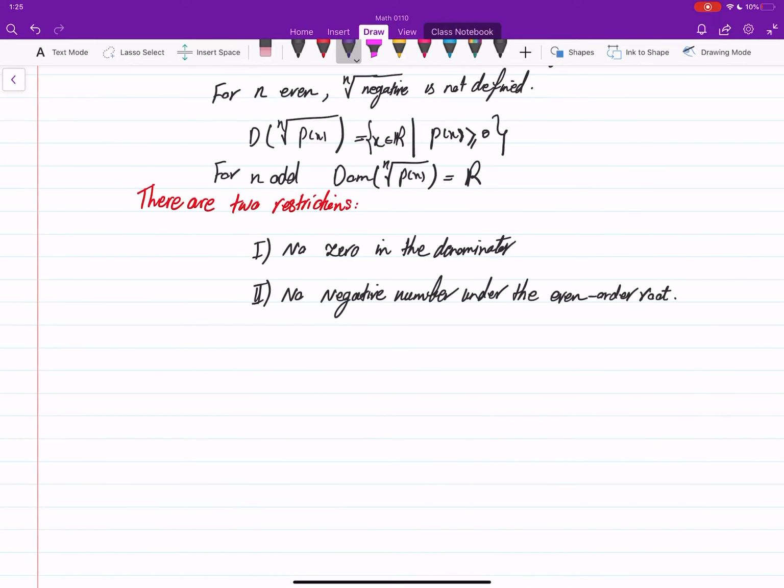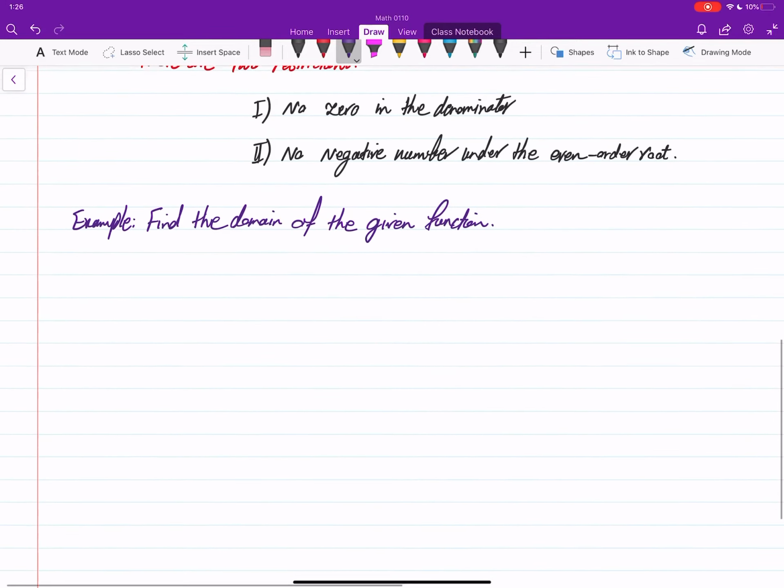Example: find the domain. I will include 3 examples here.